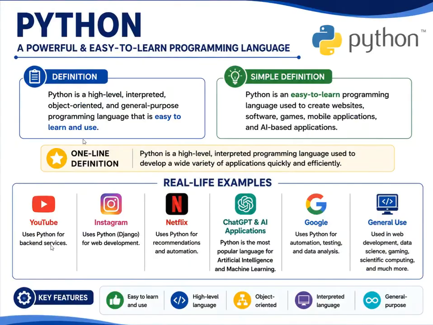For YouTube, we use Python for backend services. Instagram uses Python for web development. Netflix uses Python for recommendation and automation. ChatGPT and AI applications use it. Google uses Python for automation, testing, and data analysis. And in general, Python is used for web development, data science, gaming, programming, and computing.